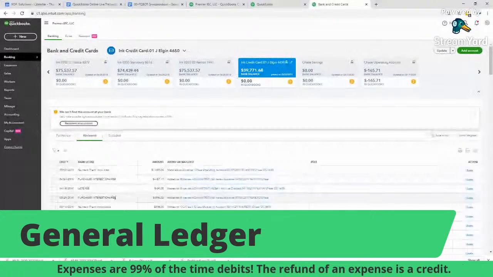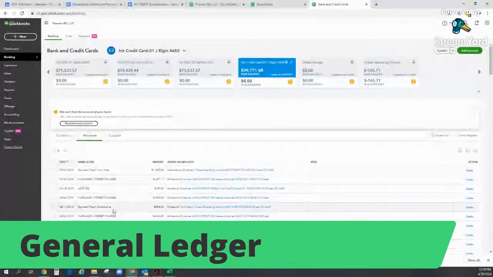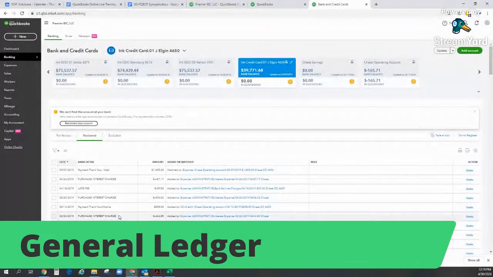I'm debiting whatever that account is, the phone bill. I'm debiting interest. That's an interest charge. So I'm going to debit my expense. I'm going to put the credit in my credit card. When I pay my credit card, my money's going to come from the bank.